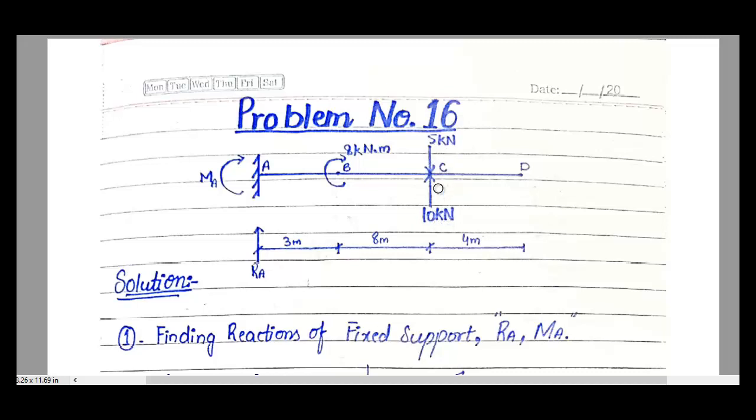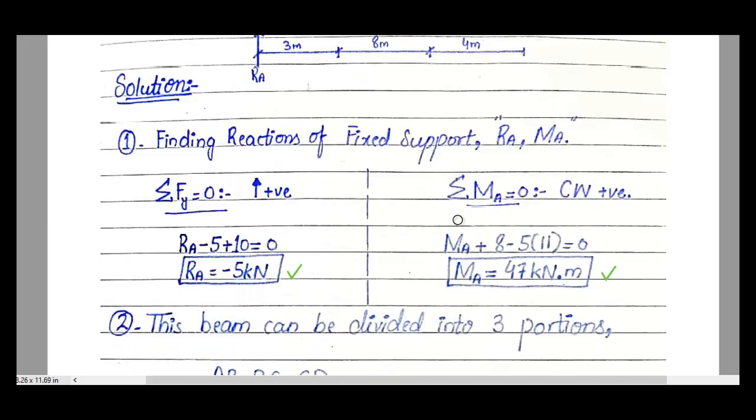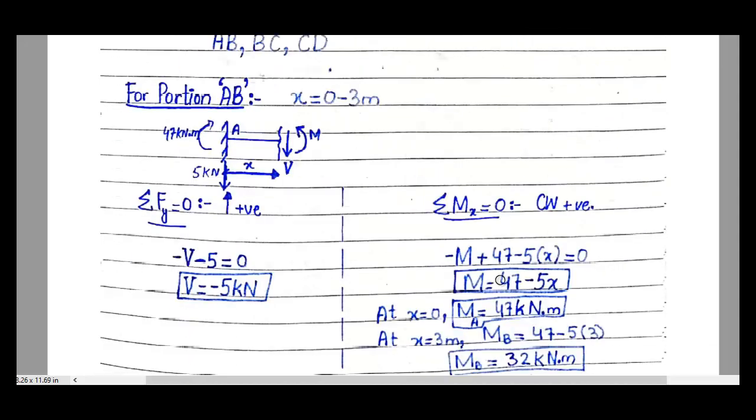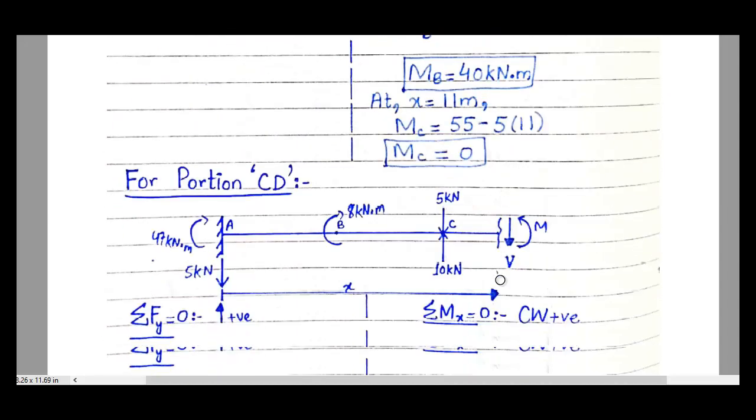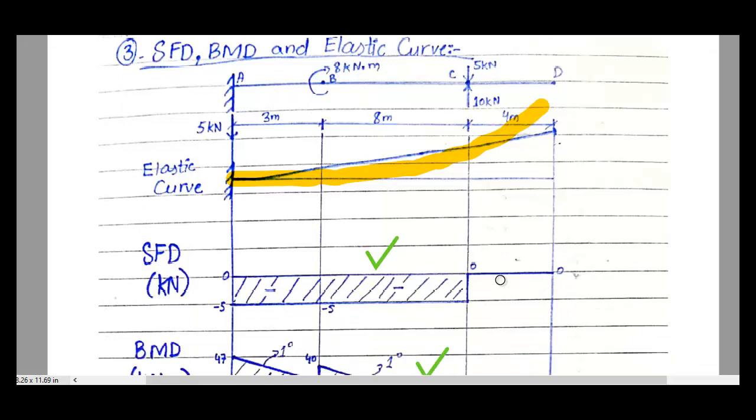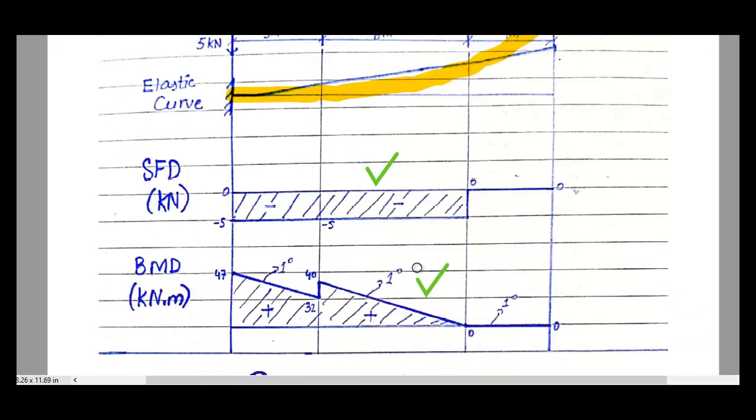So this situation is just similar to a 5 kilonewton load acting at this point C in the upward direction. I've checked the calculations, the reactions are correct, and the shear force diagram seems correct. Similarly, the bending moment diagram is also correct.